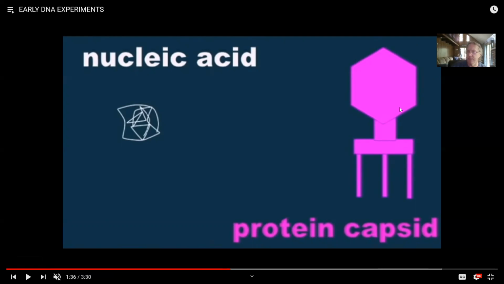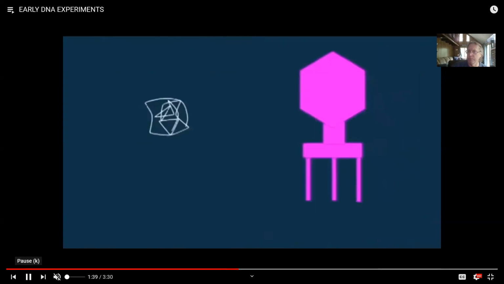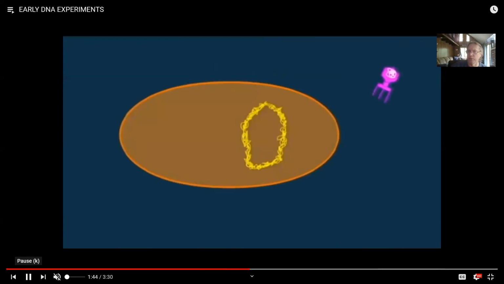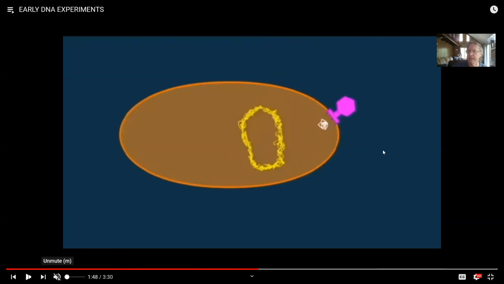The DNA is the hereditary molecule, and there's an outer protein capsid. So it was known that the virus must be injecting something into cells, which then caused the cell to manufacture virus. And so there were only 2 possibilities. Was it the DNA which is injected, or the protein?